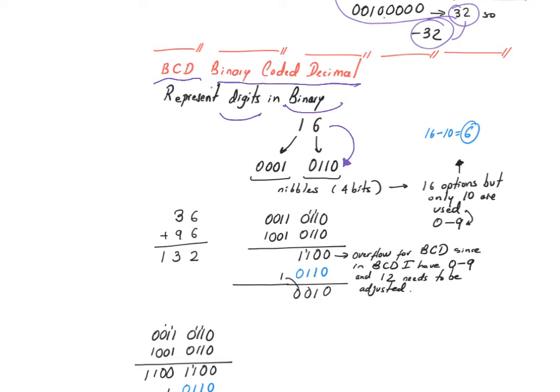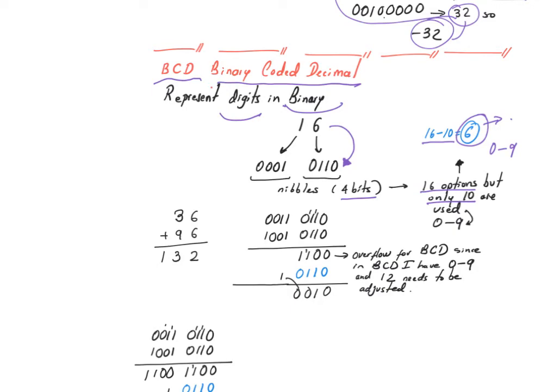As you know, one nibble is 4 bits. 4 bits would give us 16 different options, but for the digits from 0 to 9, we use only 10 of those 16 options, right? That means we're going to have 6 combinations of ones and zeros that are not going to be used. And that's going to be a problem if we want to add numbers.